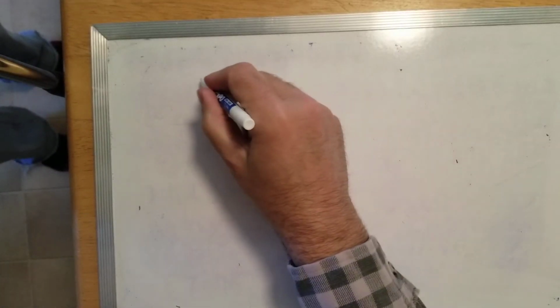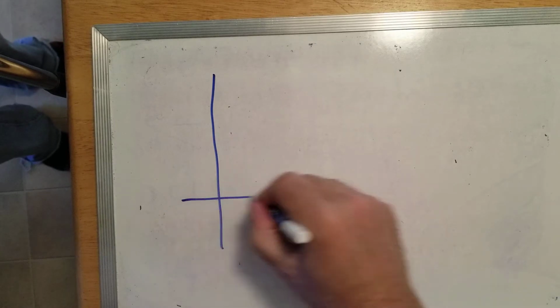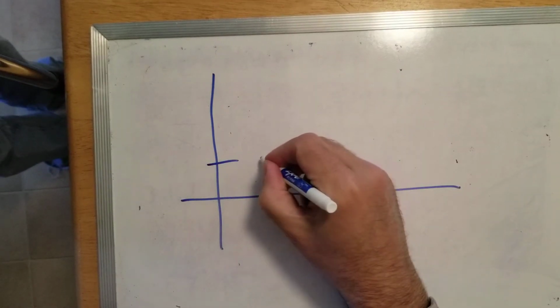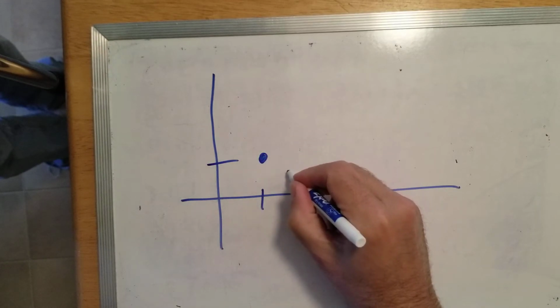So here's my picture. The point (1, 1) was given on the line. Here's the point (1, 1), which is where I'm going to start from.